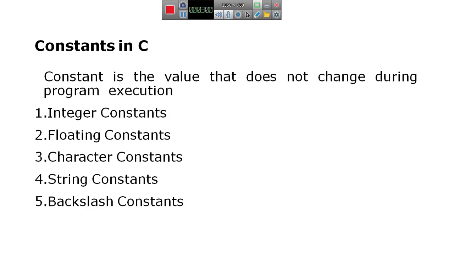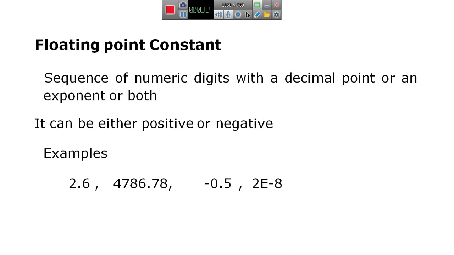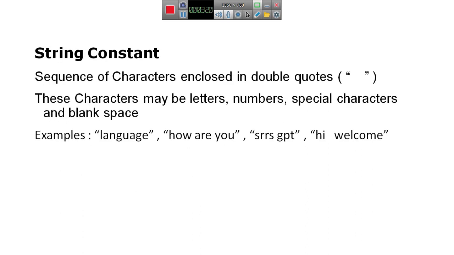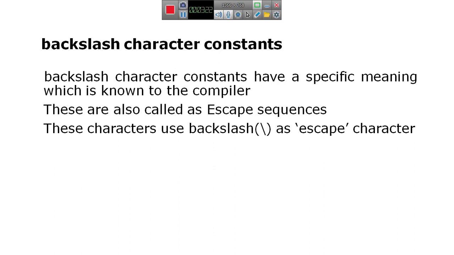In this class, on constants in C, there are different types of constants: integer constants, floating point constants, character constants, string constants and backslash character constants. These are all the backslash character constants.